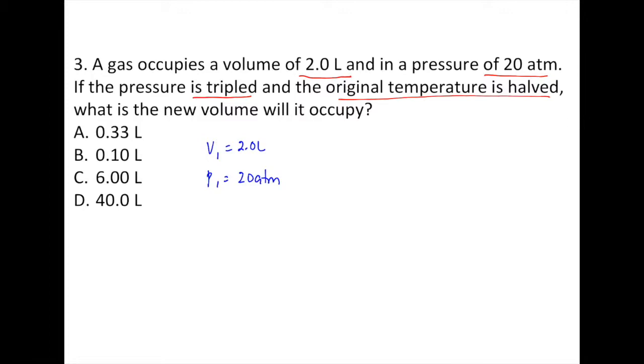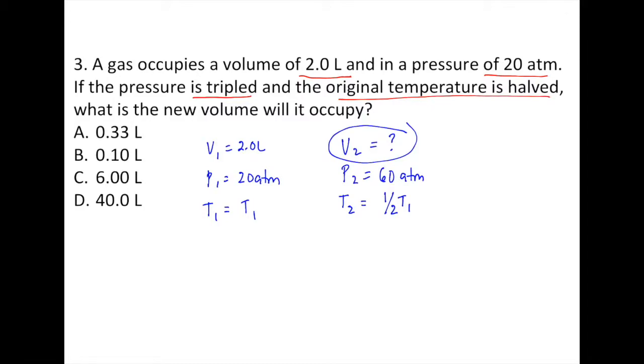And if the pressure is tripled, we have here 60 atm, and the original temperature is halved. So meaning to say, we have our T1, the original, and for the T2, the original temperature is halved. So therefore, 1/2 of T1. And then we are asked for the new volume.